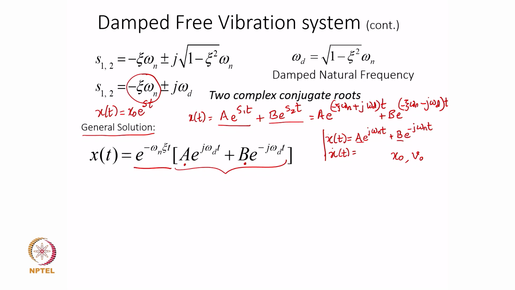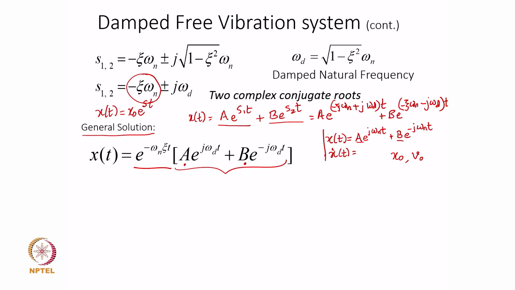The way we did for the undamped case, you can take the derivative of x of t, get an expression for x dot, and then substitute t equal to 0. x at t equal to 0 will be x naught, and x dot at t equal to 0 will be v naught. Then you can solve those two equations to arrive at the expressions for a and b. It is a simple mathematical exercise for you.